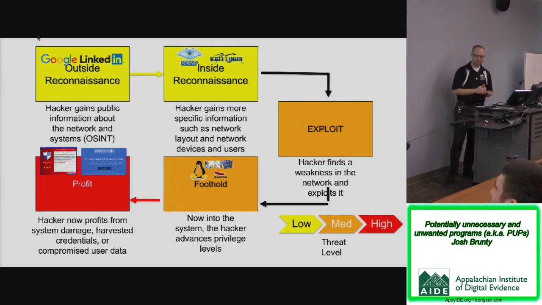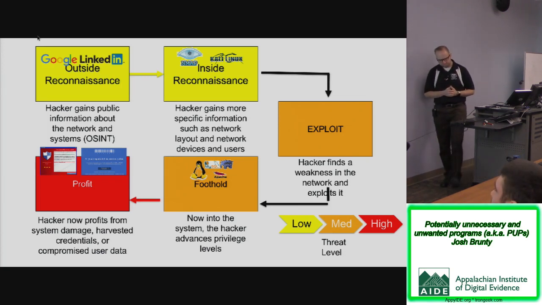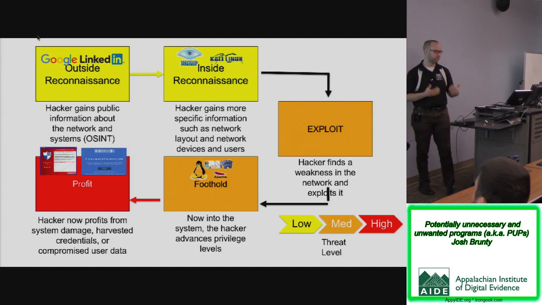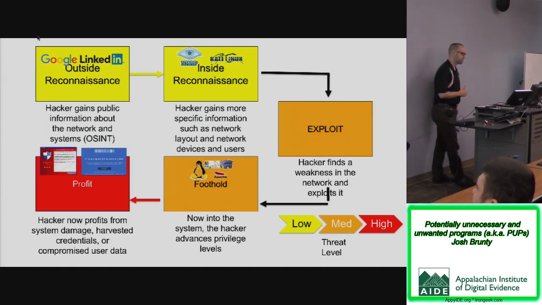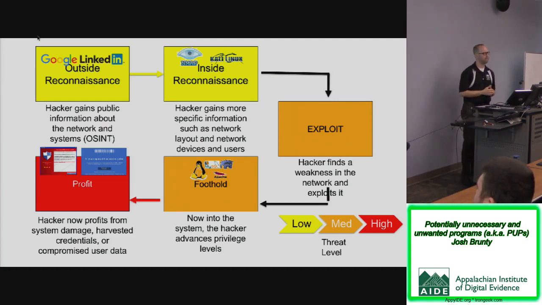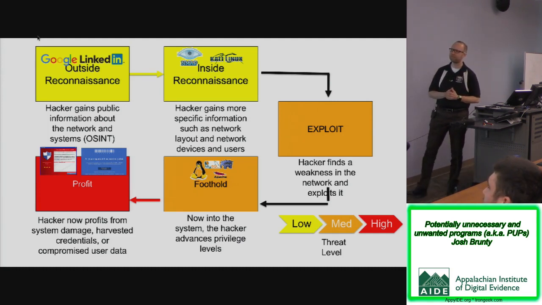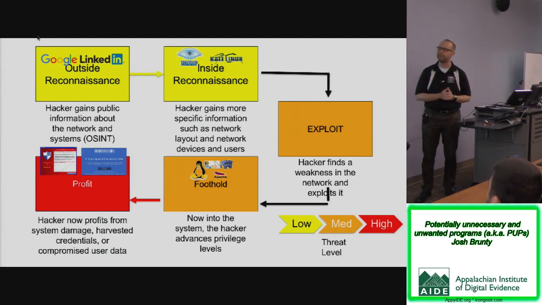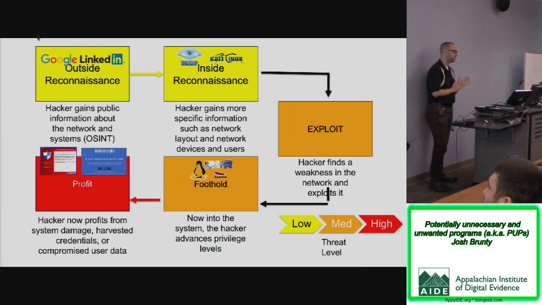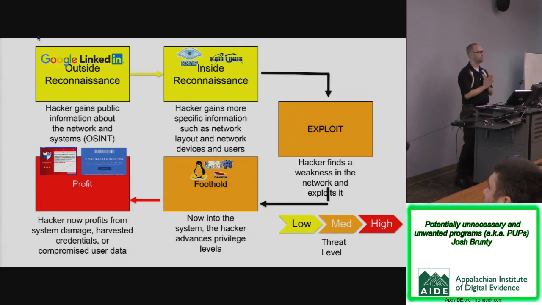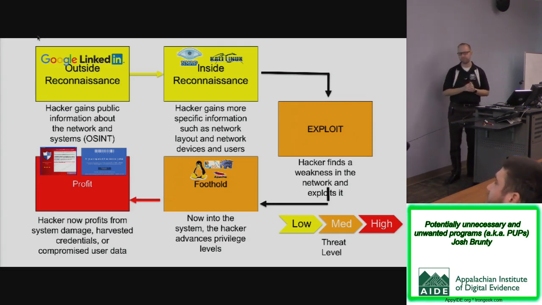But I want to bring up this slide, for you folks that are new to InfoSec, to show the life cycle of a particular hack or a kill chain, if you want to refer to it that way. Normally, in the life cycle of a hacking attempt, you're going to see outside reconnaissance.